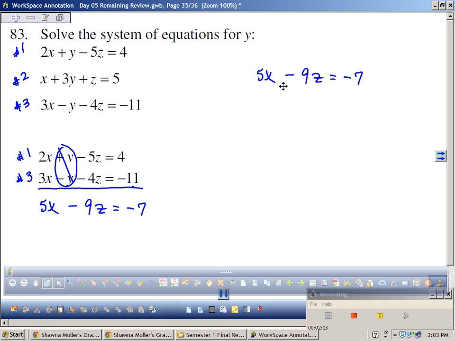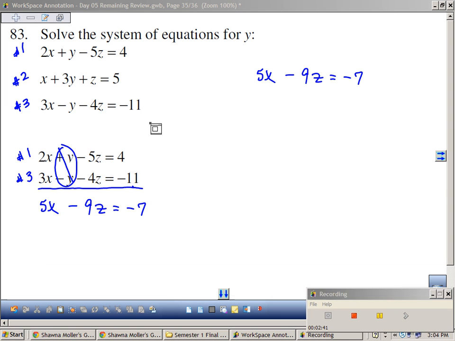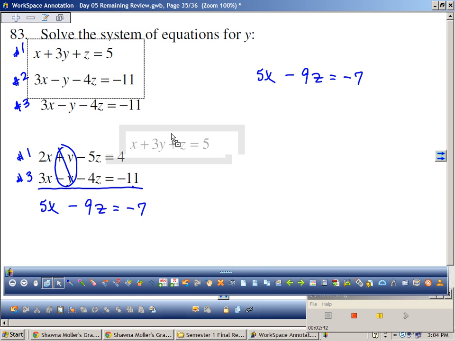So we have to eliminate it again, because we've already dedicated ourselves to eliminating y to begin with. So 2 and 3 would be the best because they're opposites, right? So if you use 2 and 3, you just have to multiply the bottom by 3. Good. All right, so I'm going to take a picture of 2 and 3, bring it down here.